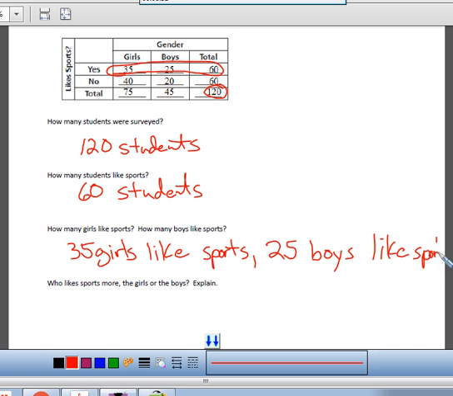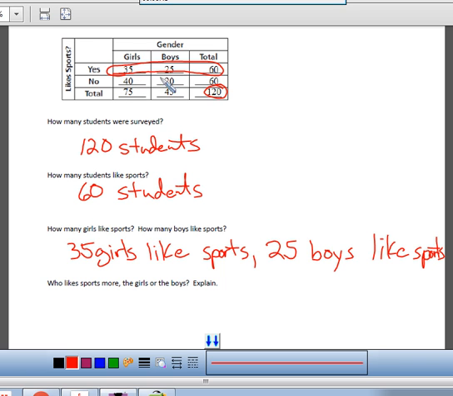I think what's interesting is we have identical numbers for those that like and those that don't like. Who likes sports more, the girls or the boys? And explain. Based on this table, we could probably say, now it could be a little tricky because really 35 out of the 75 girls say that they like sports.